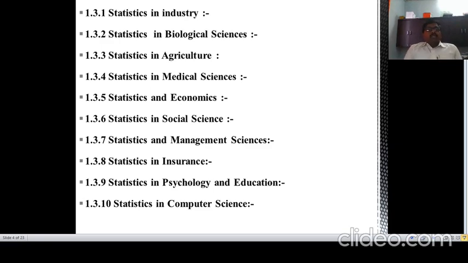Now, statistics is used in economics. In the field of economics, huge amount of data are needed to be processed and interpreted. Estimation of national income, per capita income, poverty line, industrial production, etc. is done using statistical technique.